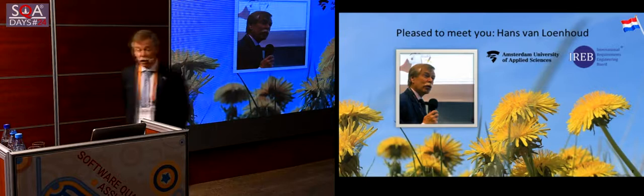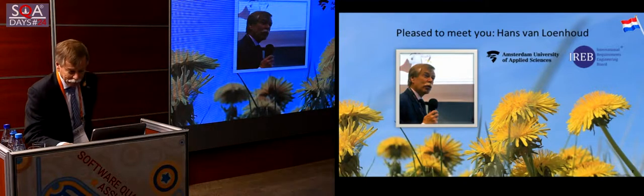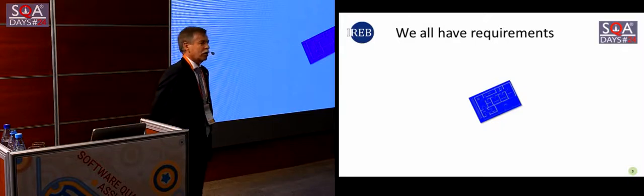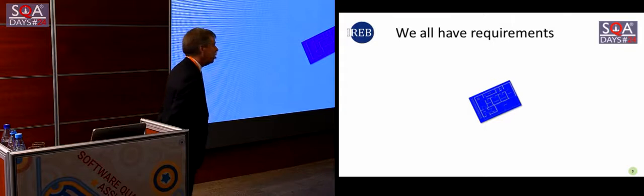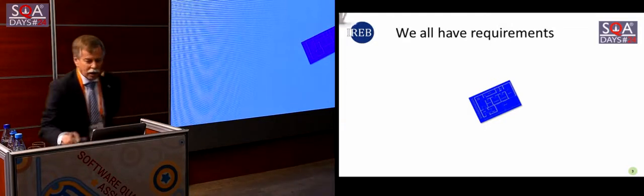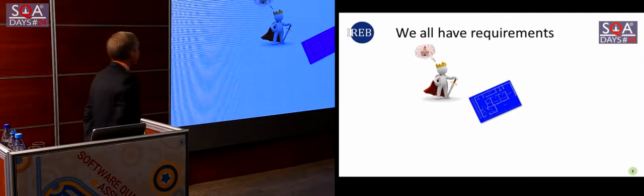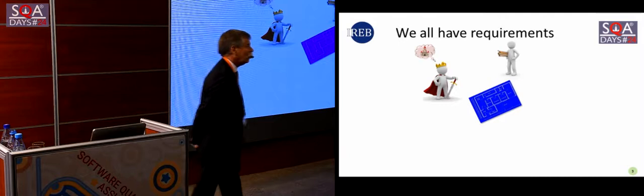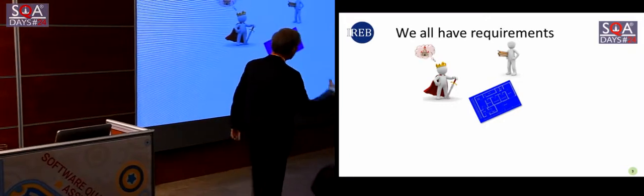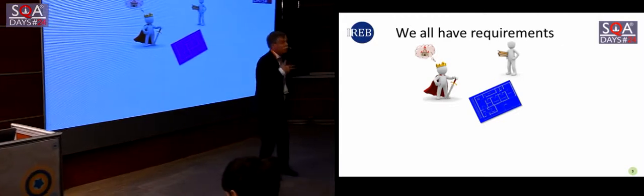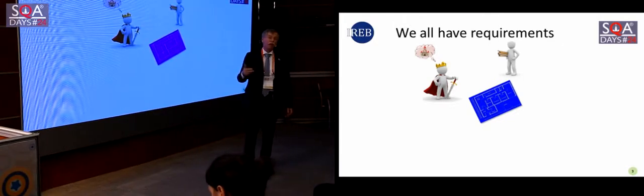That is really a start for this presentation. We all have requirements if we are working as testers in an IT team, in a development project. It starts with a client, and of course you know the client is the king. The client has an idea of something that he wants to have realized, because the client has a problem or a goal, or wants something to improve within his business.